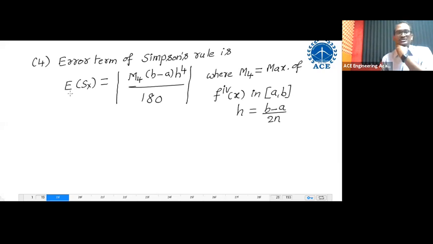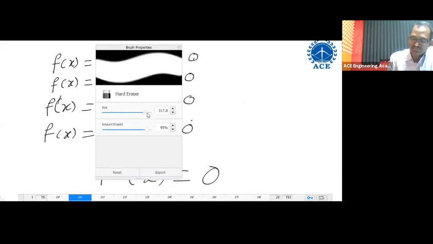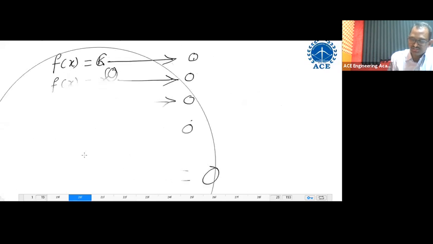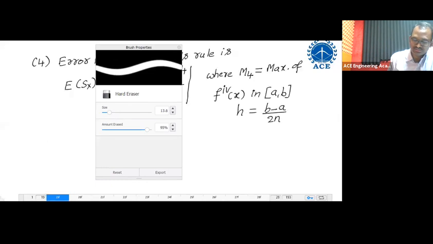So Simpson's rule will give you 0 error. That means a 100% accurate answer if f of x is a polynomial of degree less than or equal to 3. You need to remember that.